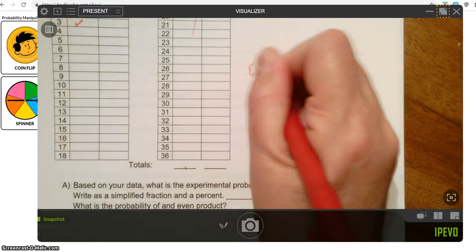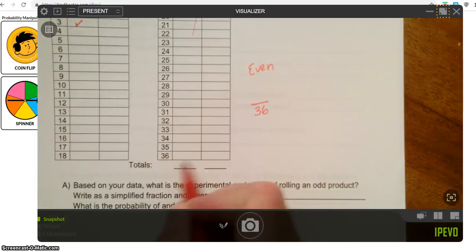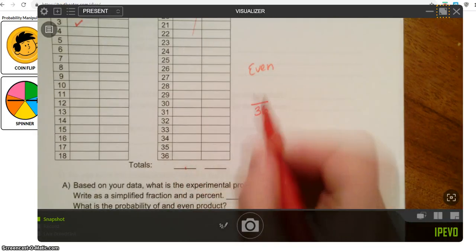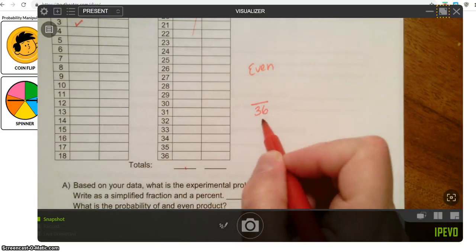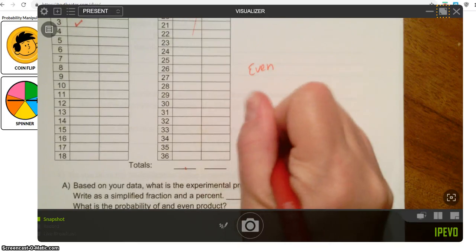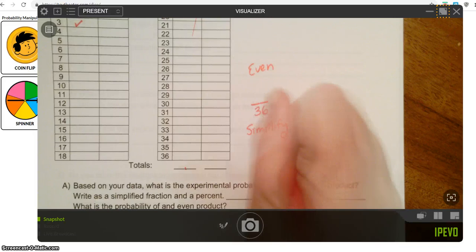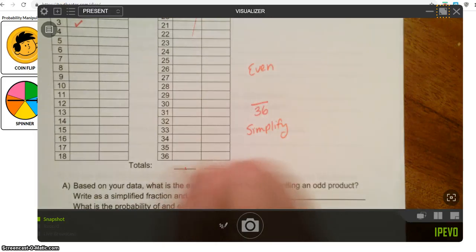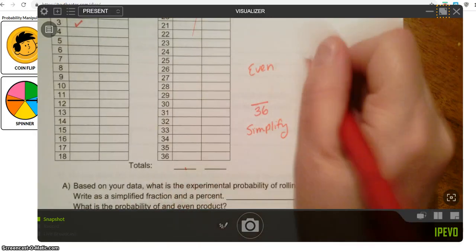Now, let's say if it was even. How many even did you get? Put that over 36, and that gives you your experimental probability. Make sure you simplify. Then, do your odd.